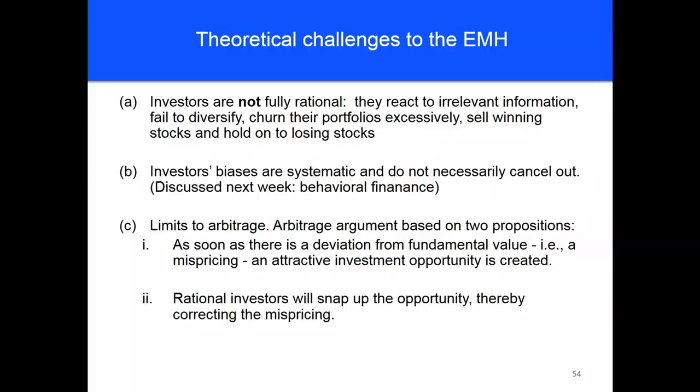These are all examples of behaviors that lose them money. Investors' biases are systematic. They don't necessarily cancel out. So if you're over-optimistic, then it's likely that everyone else is also over-optimistic in general, or a large proportion of other investors are over-optimistic. So it's not like their biases cancel out. And then importantly, there's a limit to arbitrage.